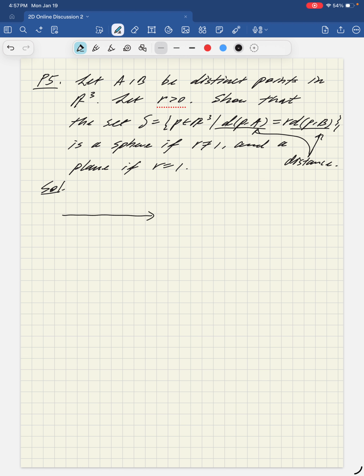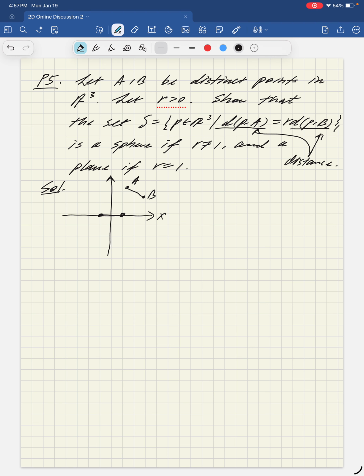So I'm drawing R2 here, but it's the exact same reasoning in R3. So I have these 2 points, say A and B, in my space. I can always move them around to here, right? I can always move them back to be on my x-axis.